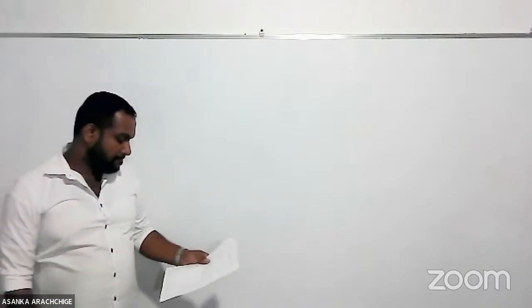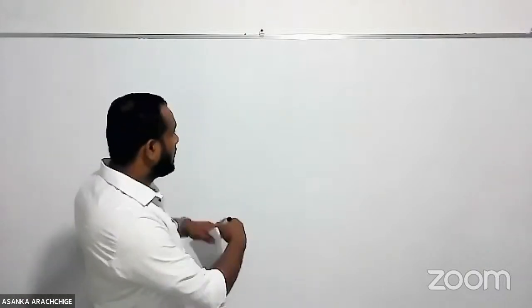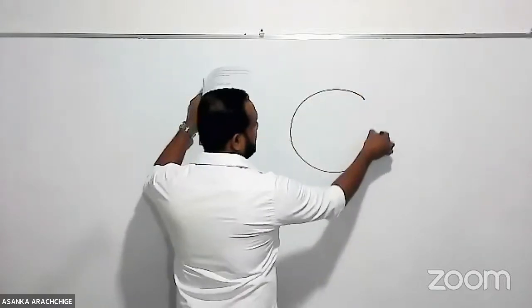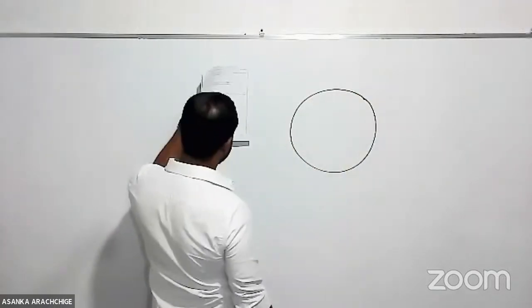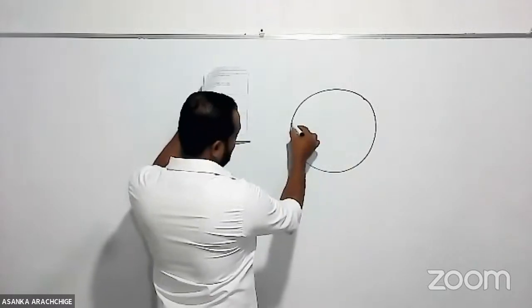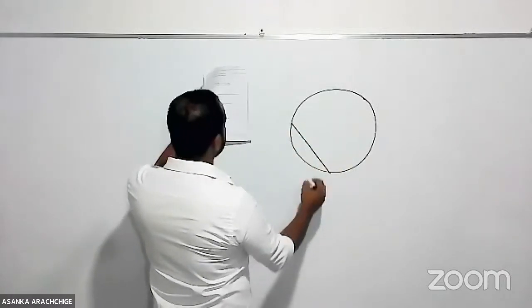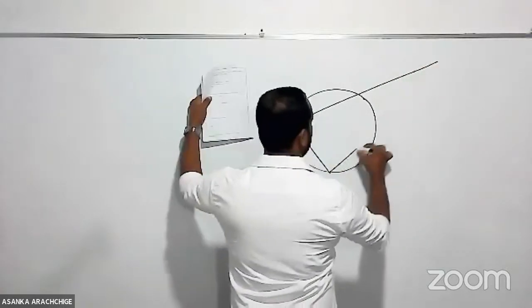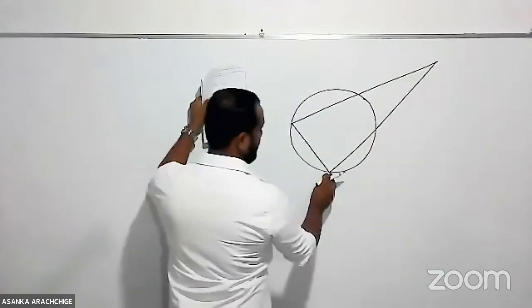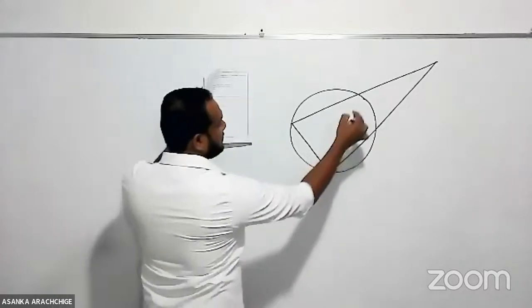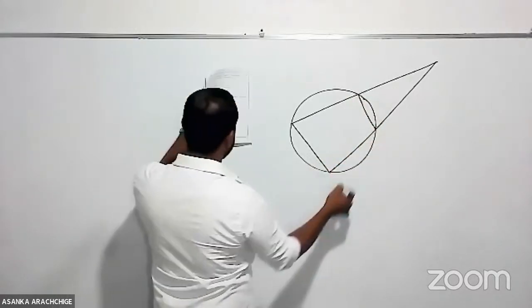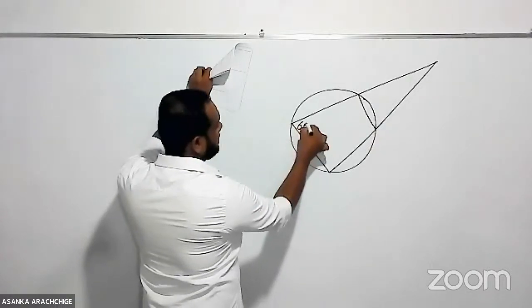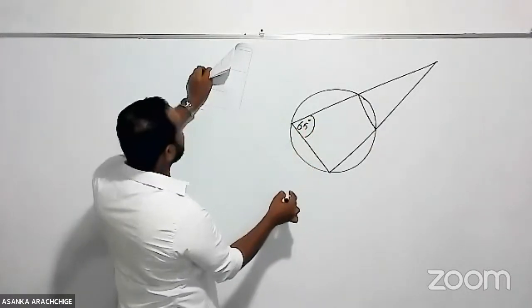Number 19. Right. A circle, a chord, this angle given to be 65 degrees.